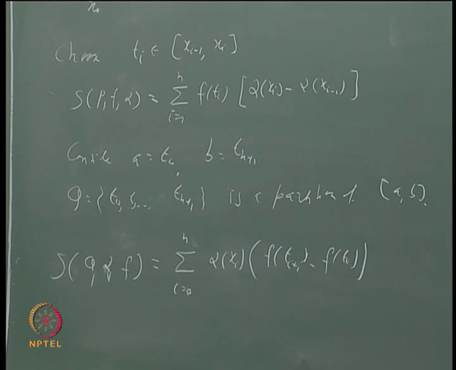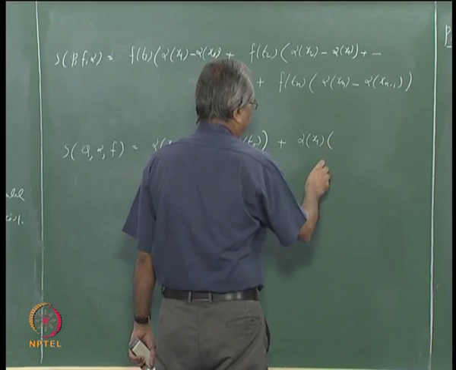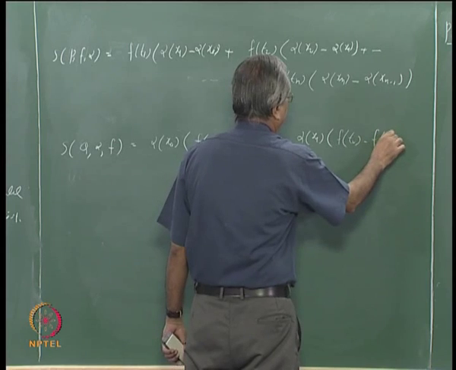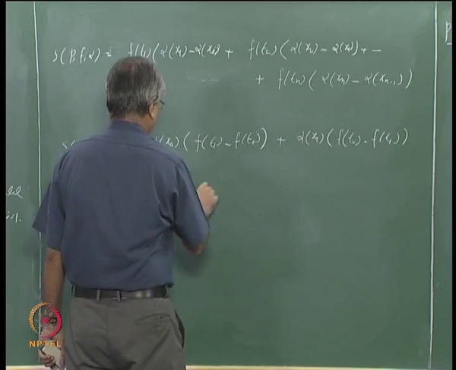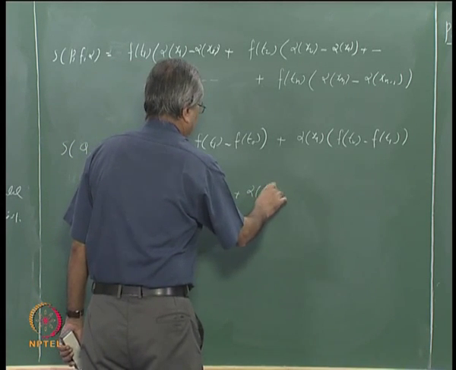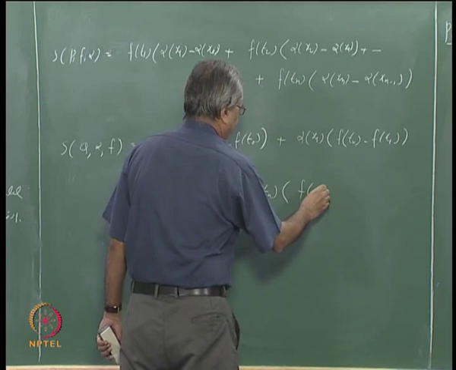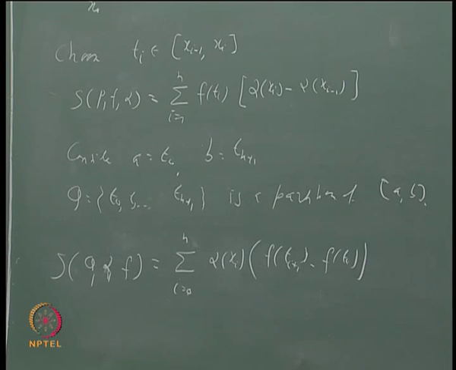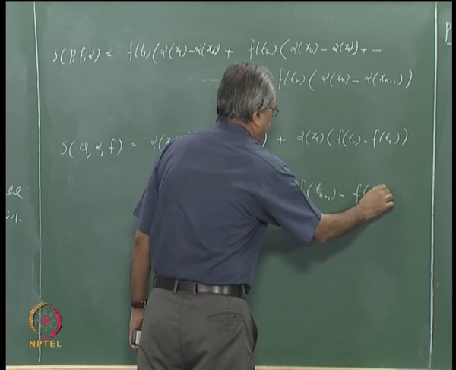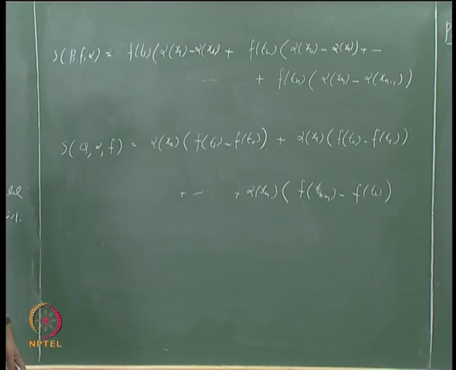Let me write one more term. For i equal to 1, it is alpha at x1 into f t2 minus f t1, etc. Let me just write the last term, plus alpha at xn into f at t(n+1) minus f at tn.